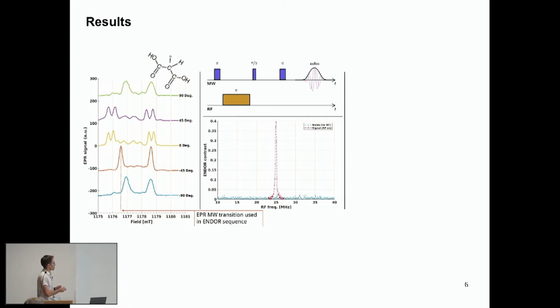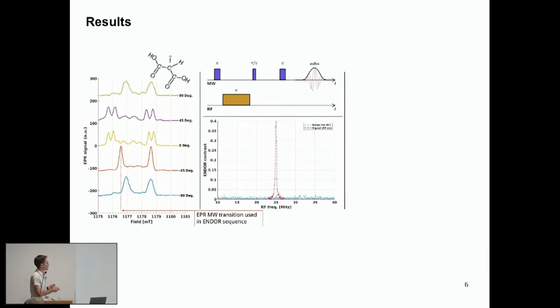We start with the simpler type of the molecule with non-labeled carbons, so we basically have only this electron coupled strongly to the nearby hydrogen. And we use a combination of microwave and RF pulses to probe the state of the nuclei through the electron spin signal.